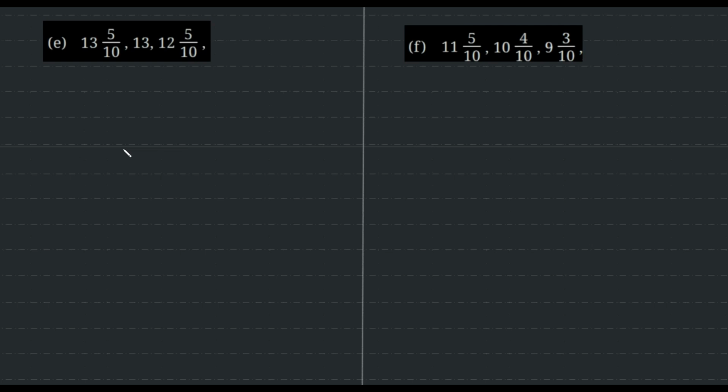Okay, last two questions, I think. Yeah. So what is happening? The numbers or values are decreasing by, yes, have a look. So 13, 5/10 became 13.